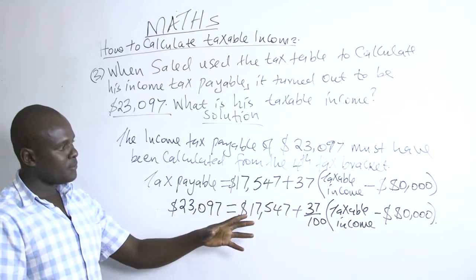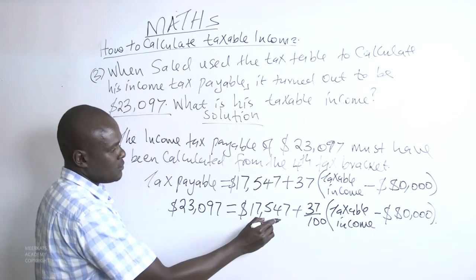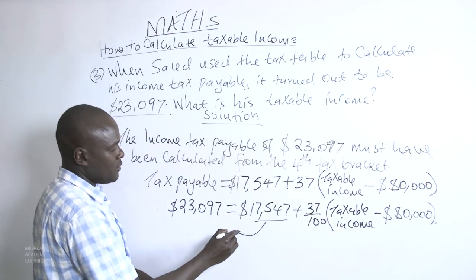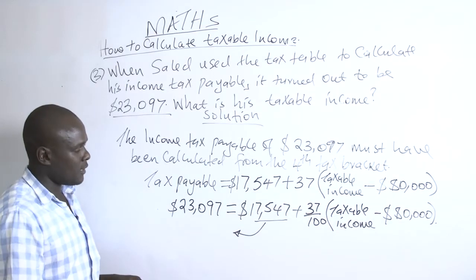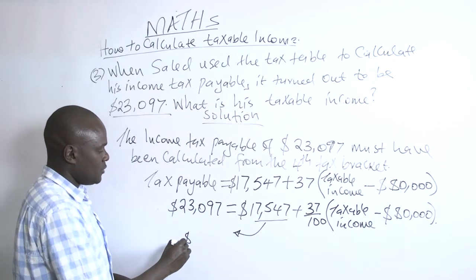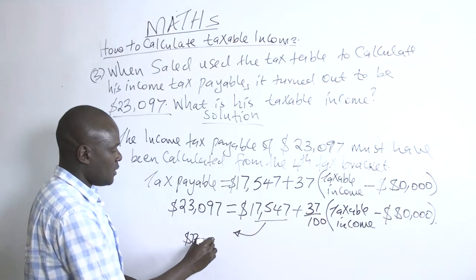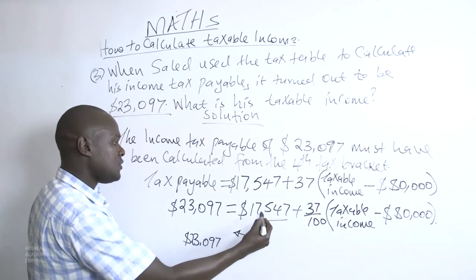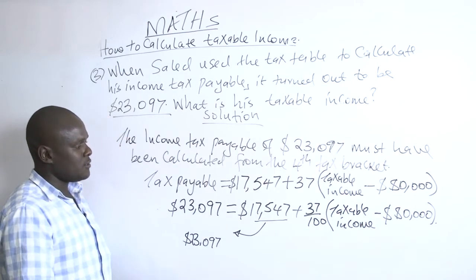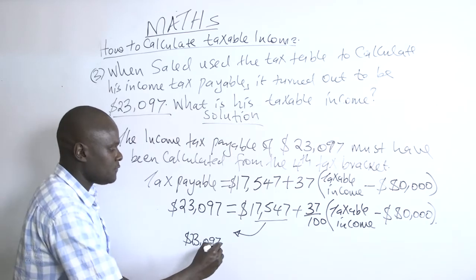If we want to simplify this, we take this amount to the other side of the equation, collecting the like terms. So this will be $23,097, and since it is crossing the equal sign and is positive on the right hand side, it becomes negative.